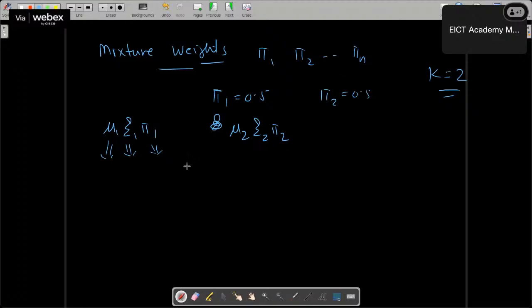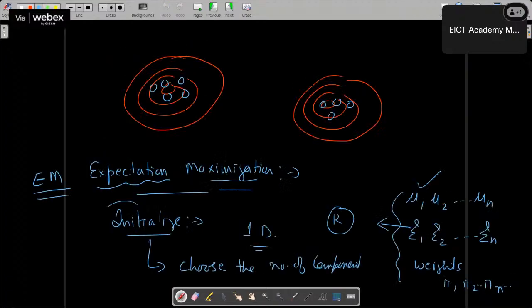Based on the initial values we draw these two distributions. So now the initialization step is over. Now the second step is expectation.